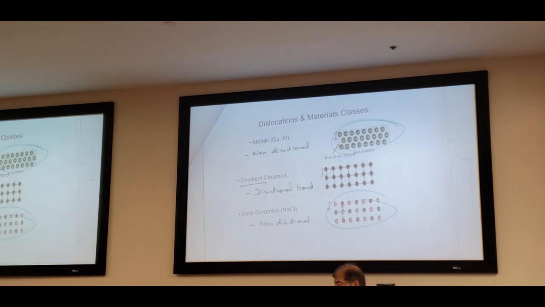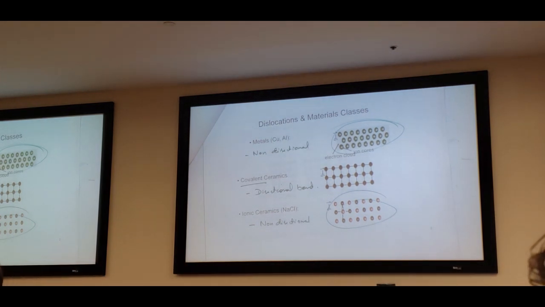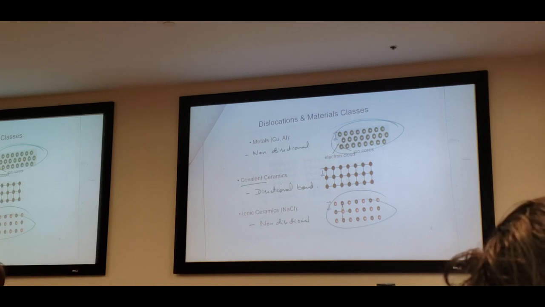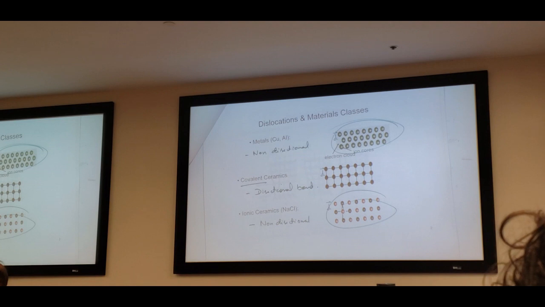Yes? It's easier for non-directionals to slip because they can move either direction. Yeah. And as far as between ionic ceramics and metallic bonds, it's easier for metallics. It is easier for metallic to move, but for the ionic and covalent, covalent is directional and the ionic is non-directional. But even though the ionic is non-directional, the problem is, we know that ionic bonds are very strong bonds.